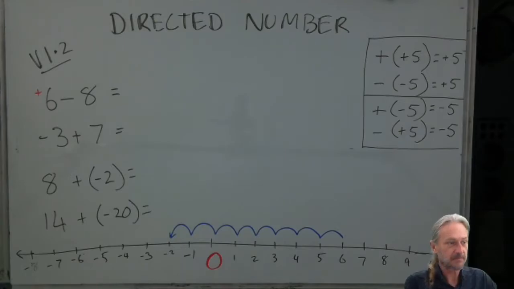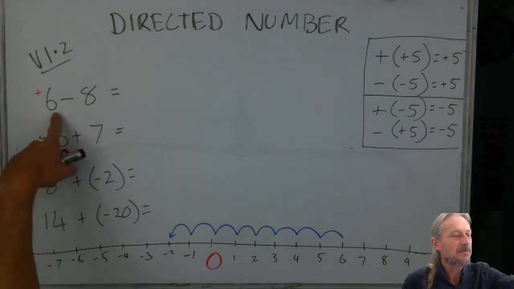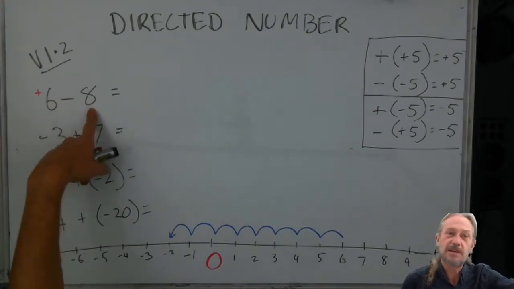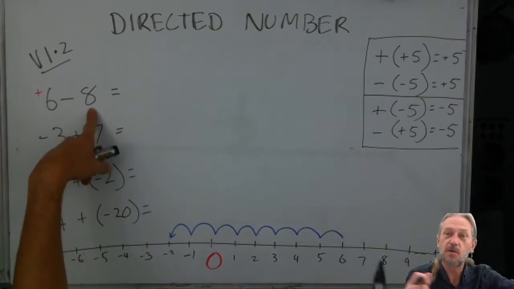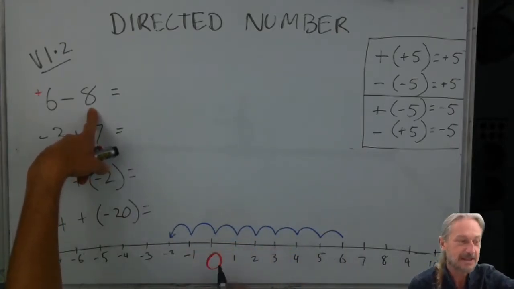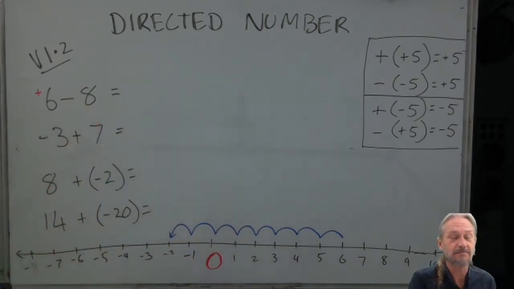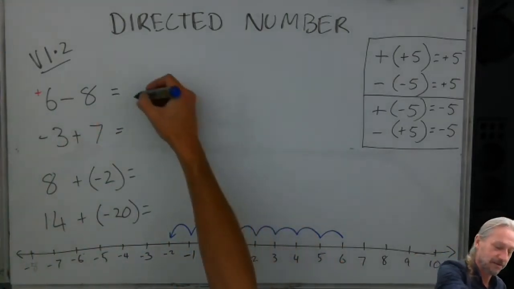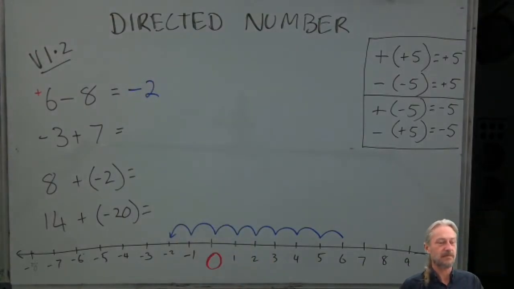Because imagine if we started at 6 and take these 8 away one at a time, first we take the first 6 away and we get to 0. Then there's still 2 more to take away. It's one way of thinking about it. So this will give us -2.